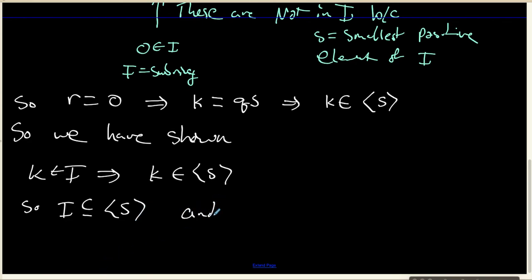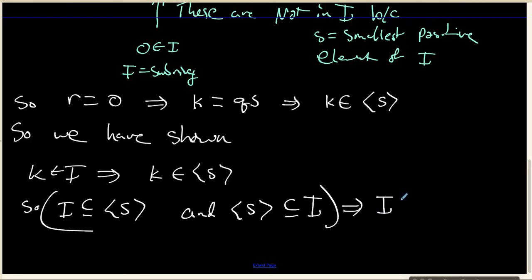And we previously had shown that the principal ideal is a subset of I. These two facts together say our ideal is indeed a principal ideal generated by its smallest element. This completes the proof, but I do want to make that particular observation very, very concrete.